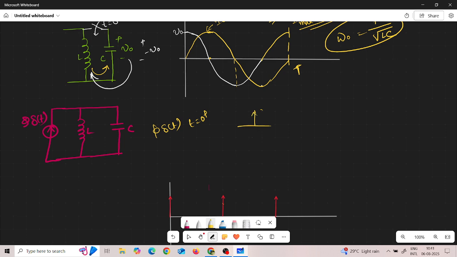So the impulse arrived at t is equal to 0. So at t is equal to 0 plus, what happened? As this is an impulse signal, its frequency tends to infinity.